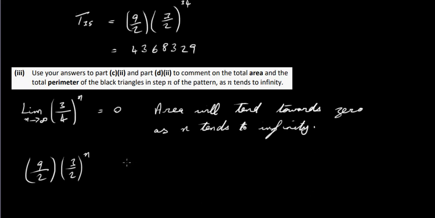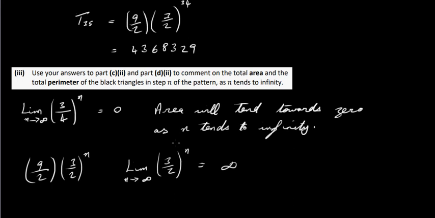Now, if you take the limit of 3 over 2 to the power of n as n tends towards infinity, this will go towards infinity because this is a number greater than 1. So 1.5 times 1.5 is 2.25, times 1.5 is 3.375.